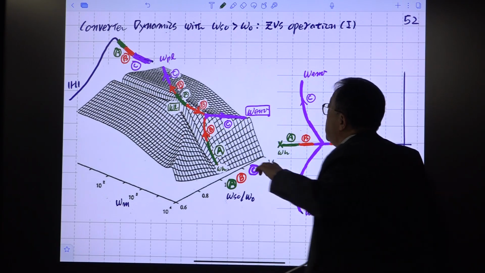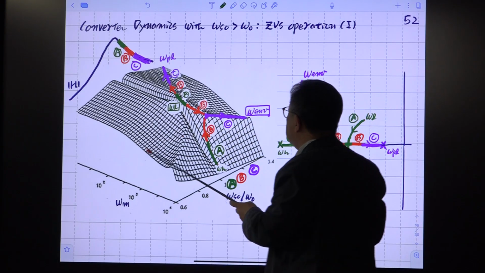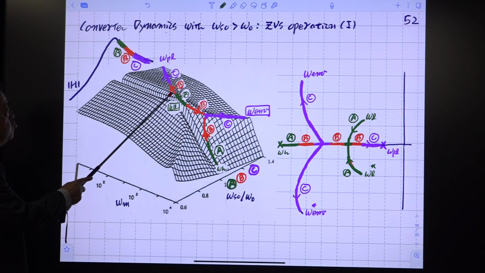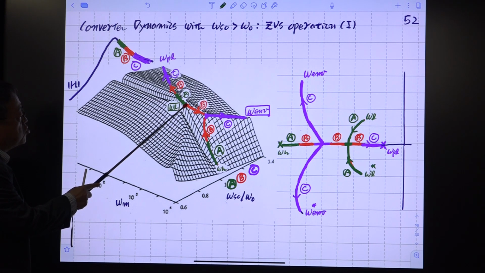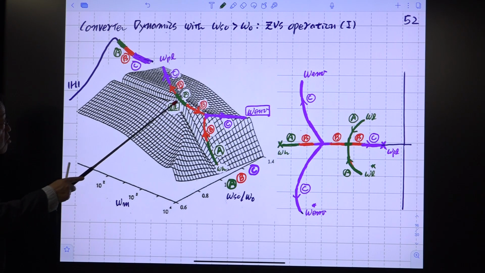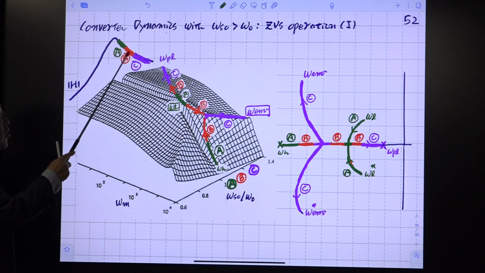Okay? So you increase switching frequency, then this low frequency double pole splits into 2 dual poles. One goes to higher frequency, another one goes to lower frequency. So you move in this direction, so you are somewhere here.